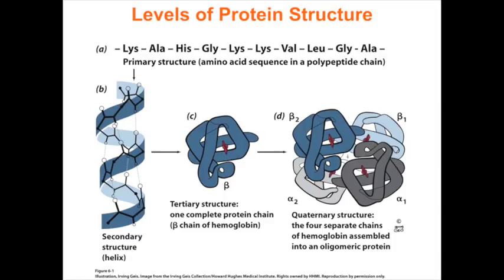Now, primary structure of proteins is directly pulled from the sequence of nucleotides in mRNA, and the primary structure of proteins informs all other levels of structure in a protein.